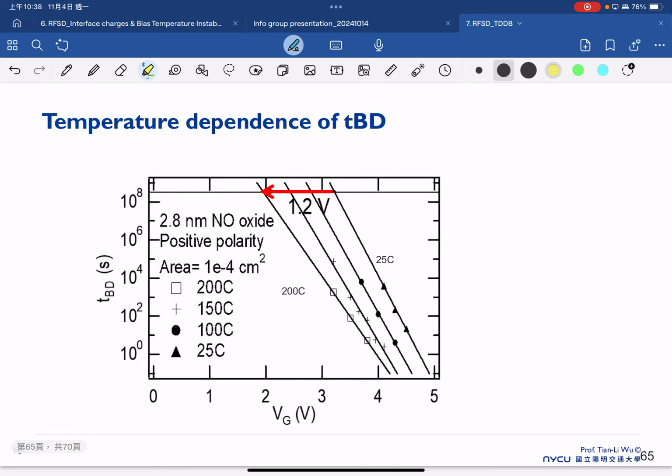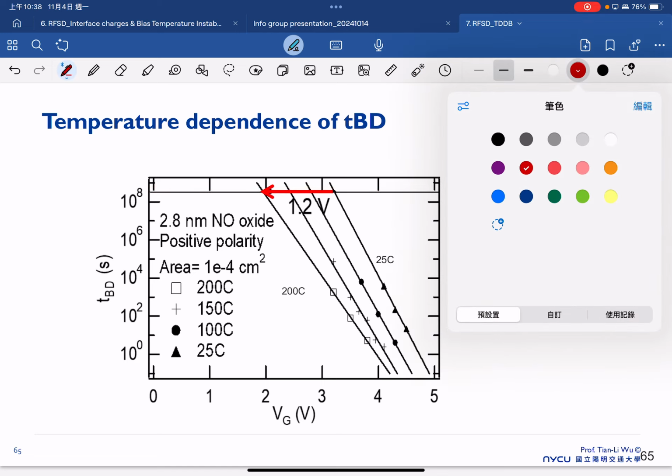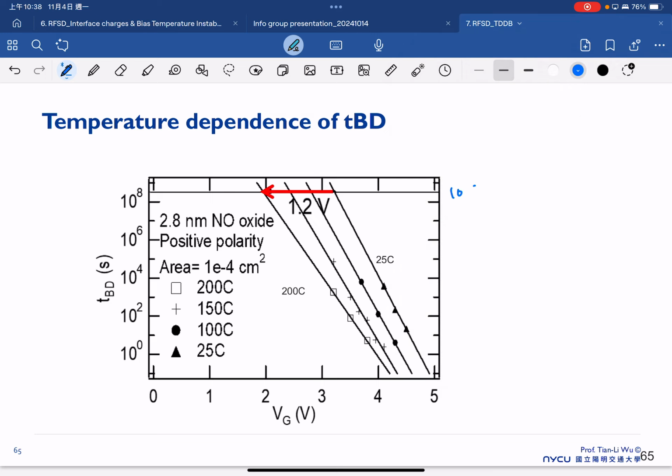So in the end, the goal is to try to make the plot in this way. We can extrapolate the time to breakdown with a certain criteria. So this is the criteria. Usually this one is 10 years. So we have the 10 years here, and we test our dielectric at different temperatures.